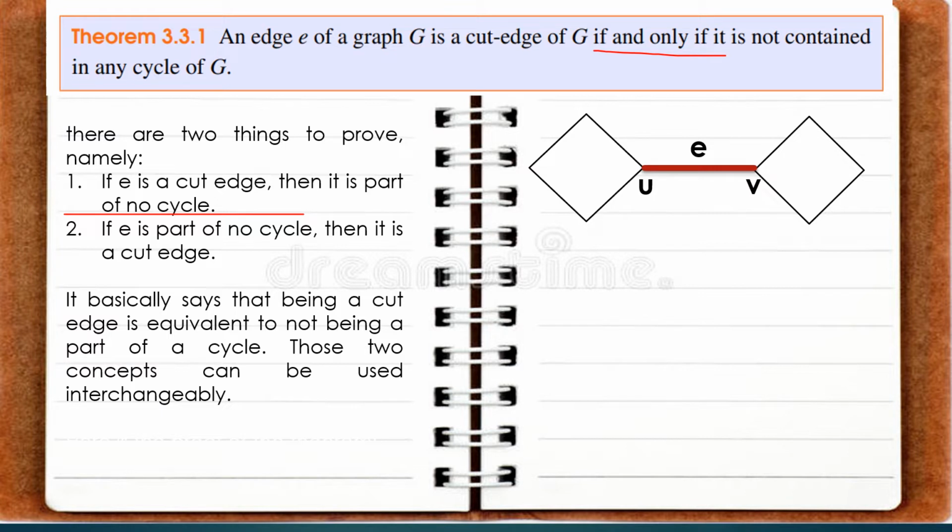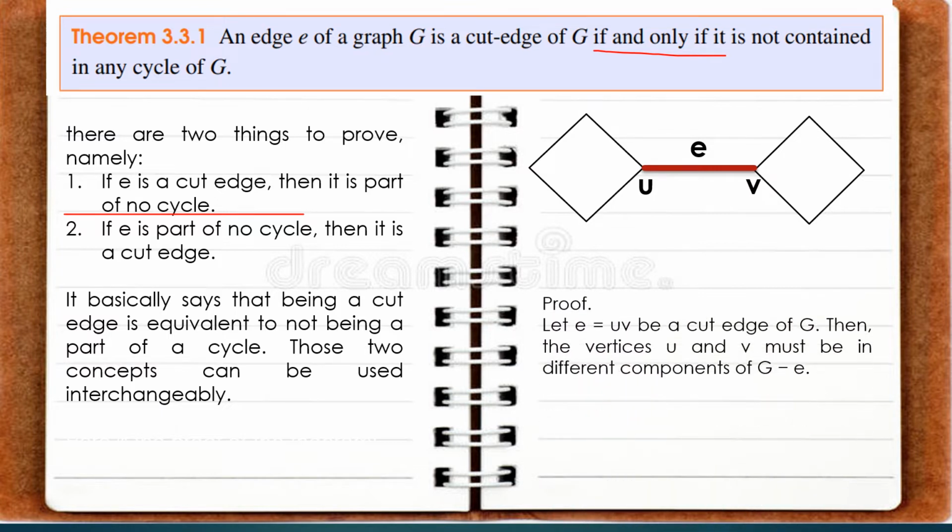Okay, so let's start the proof. Let E, which is UV, be our edge. We can also name our edge, instead of E, as UV, using the two endpoints or the two vertices that E is incident to. So let E be a cut edge of G.